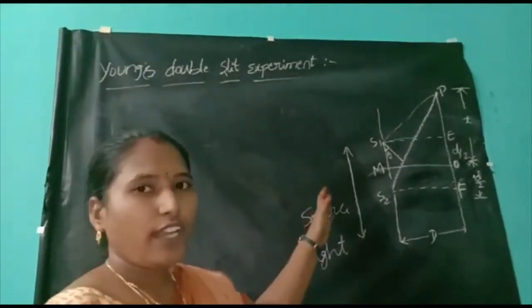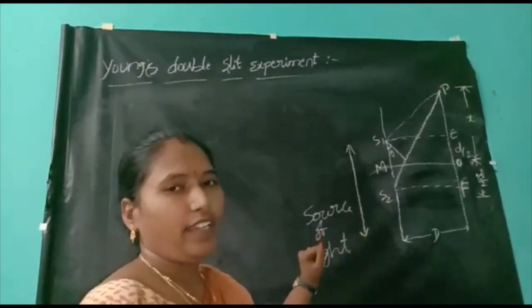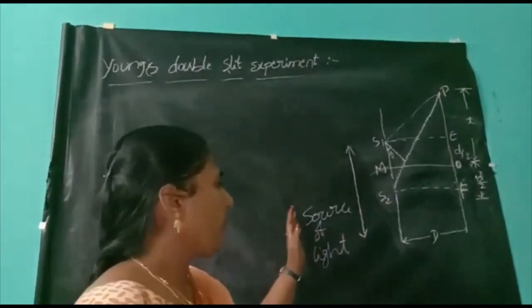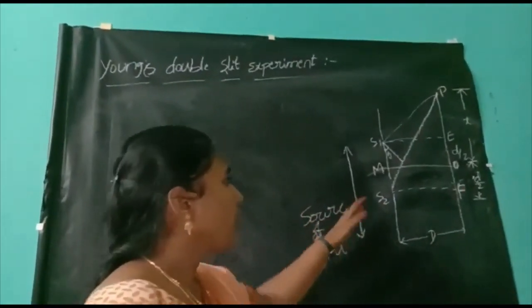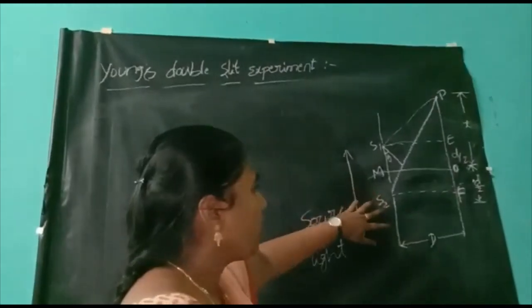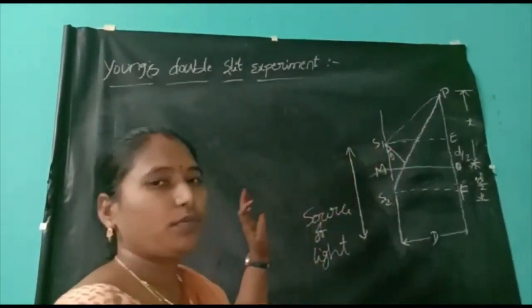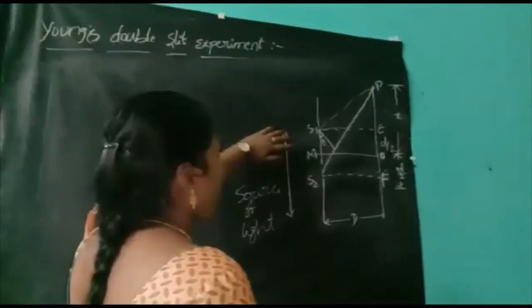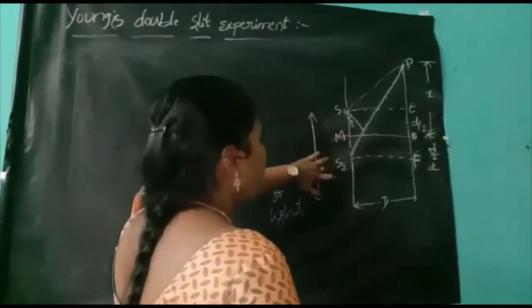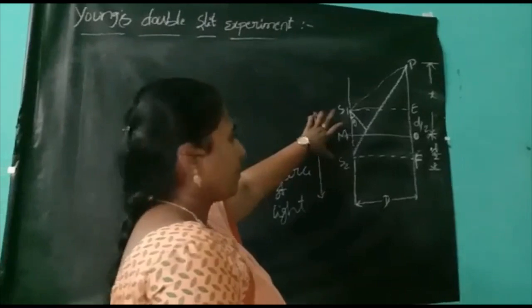This source of light will emit light. This light will travel through two slits, S1 and S2. S1 and S2 are two slits.